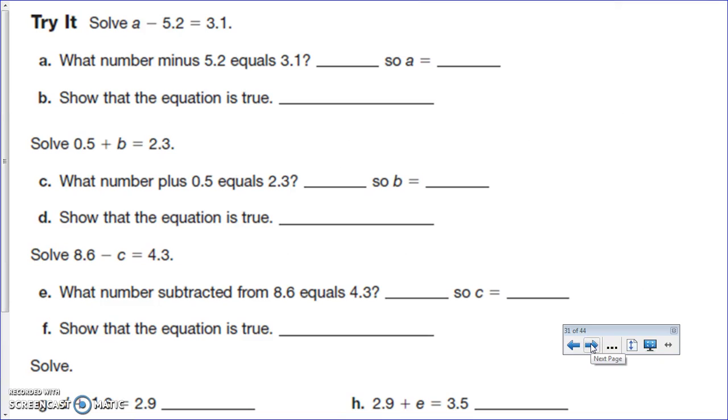Try it. Solve a minus 5 2/10 equals 3 1/10. So to get a by itself, we're going to add 5 2/10 to both sides.